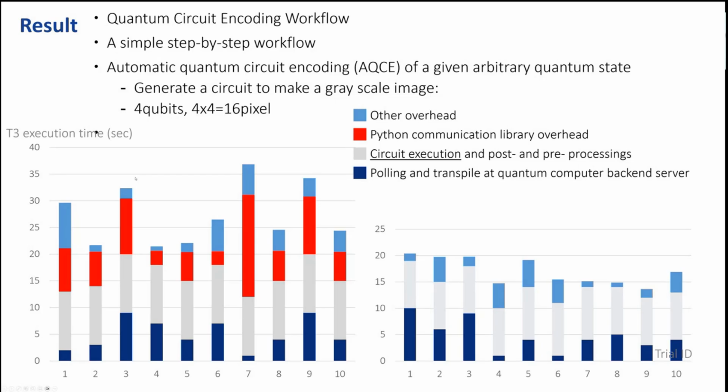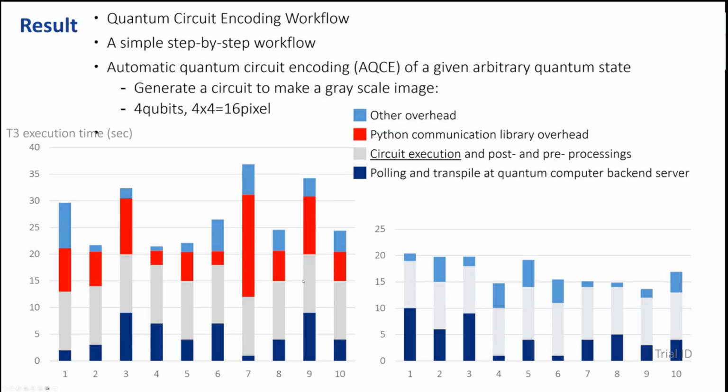in PNG format on the supercomputer. In this graph, we show the execution time of using a quantum computer, including the communication between the supercomputer and the quantum computer. The x-axis is the number of trials, and the y-axis is the total execution time. The first navy part is polling and transpiling on the quantum computer backend side.